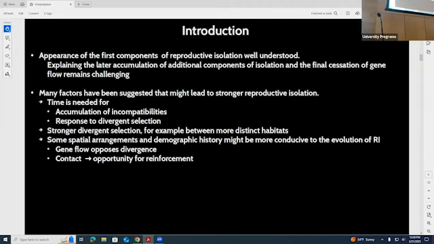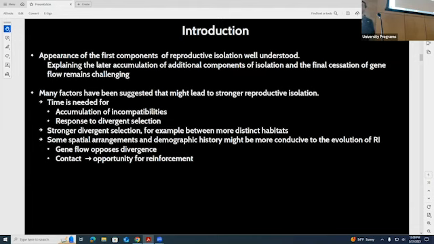You can have spatial arrangements and demographic history that play a role in this, because they are more conducive to the appearance of reproductive isolation components. For example, in a configuration where you have gene flow, this is supposed to oppose divergence.